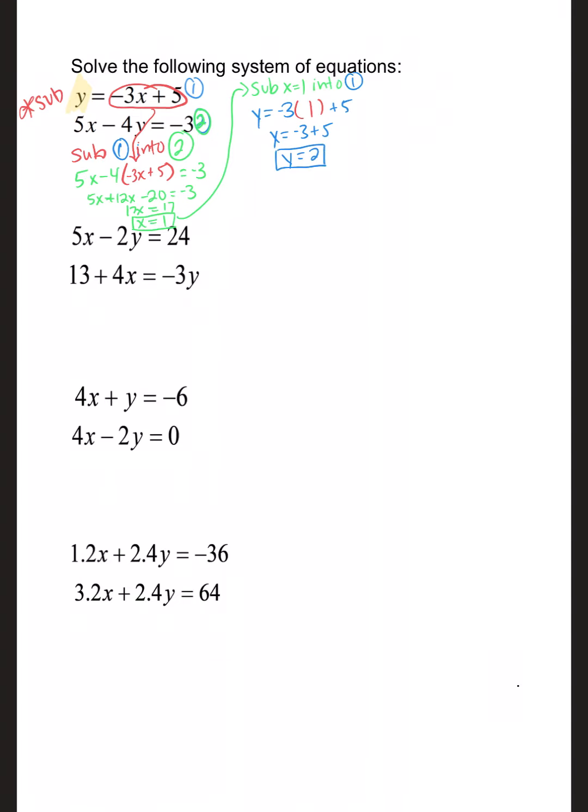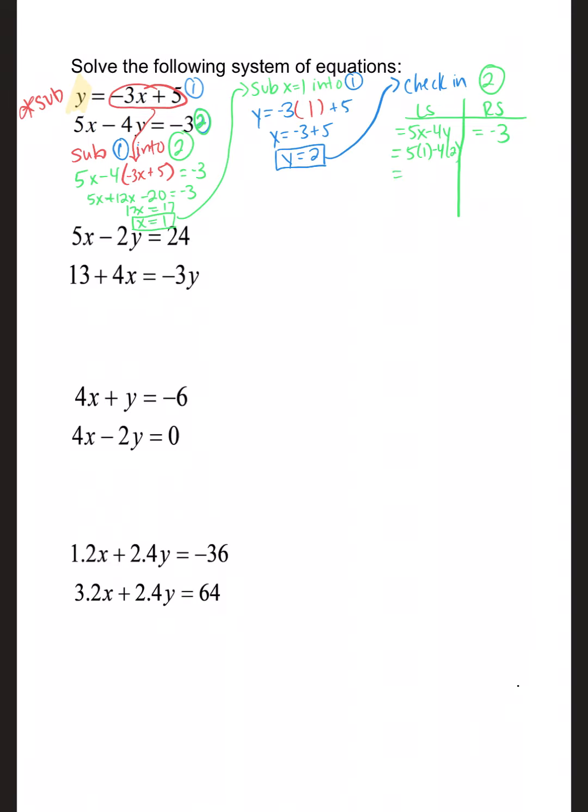Right, and after we've got what we think is the solution, we then need to check it in our other equation. We just used equation 1, so now we need to check our solution in equation 2. So I'm going to do my left side, right side check. My left side is 5x minus 4y, and my right side is -3. I'm going to substitute in for x a 1, and for y a 2.